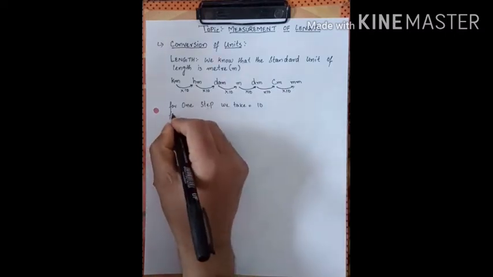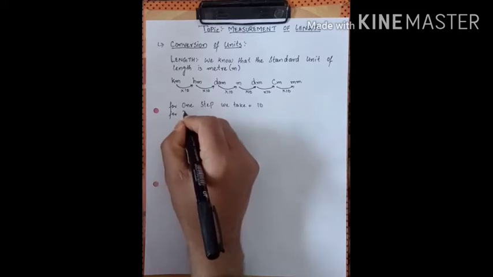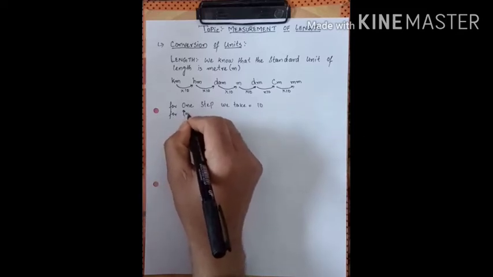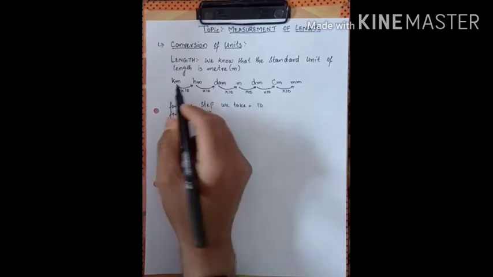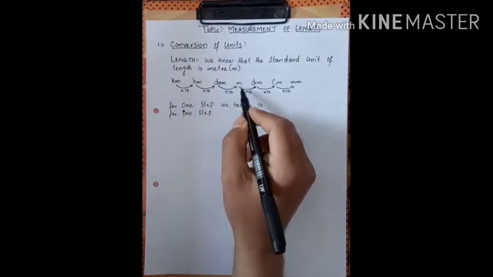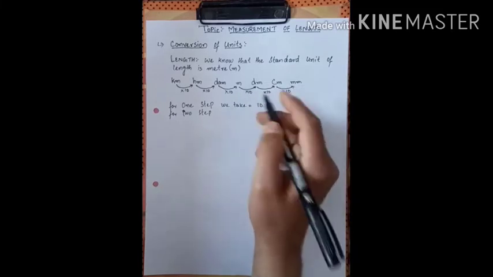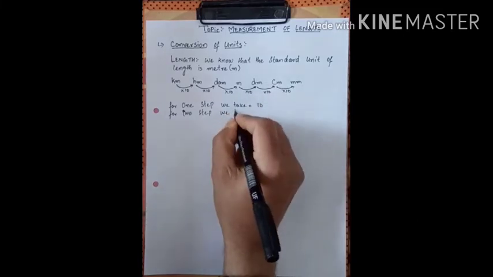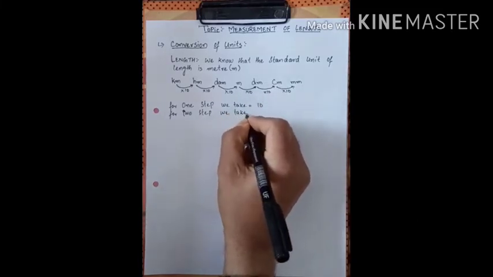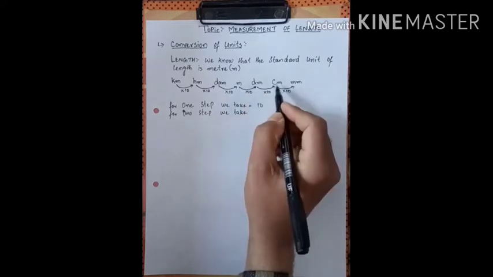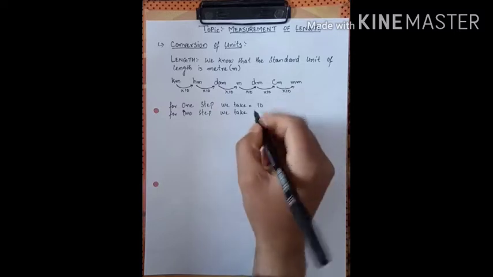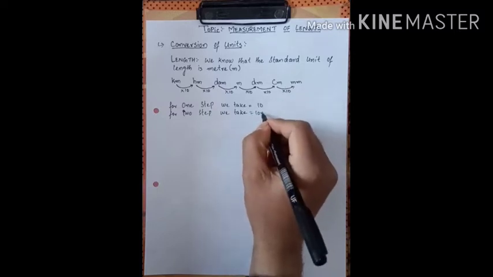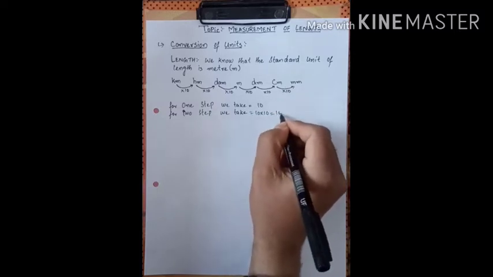But when we move two steps, that is from kilometer to decameter or from meter to centimeter, we take 10 into 10, which is equal to 100.